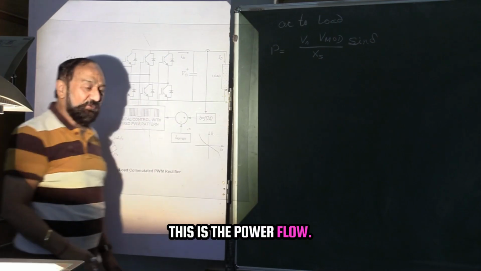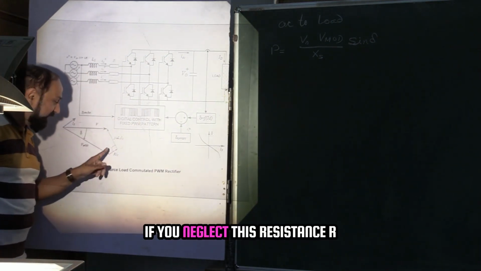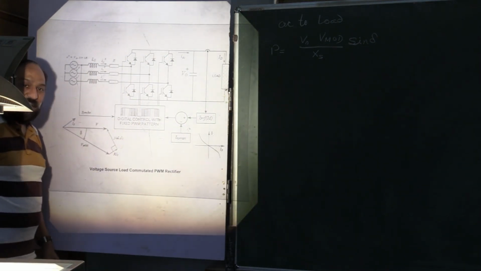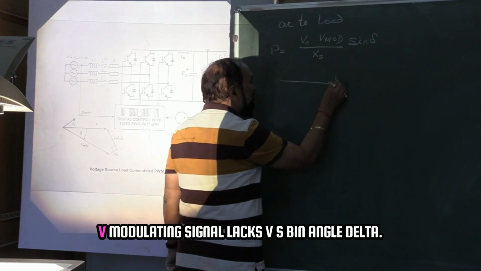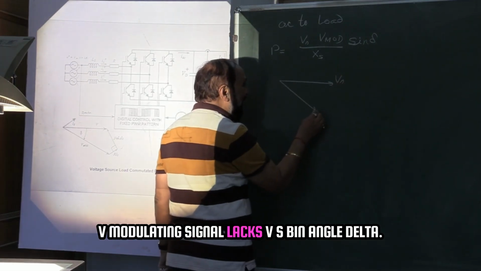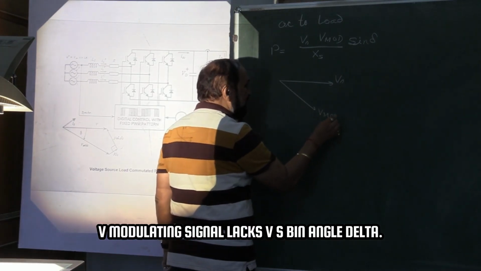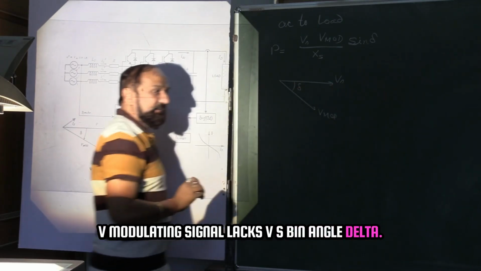This is the power flow if you neglect this resistance R. And in this particular case, this V modulating signal lags Vs by an angle delta.